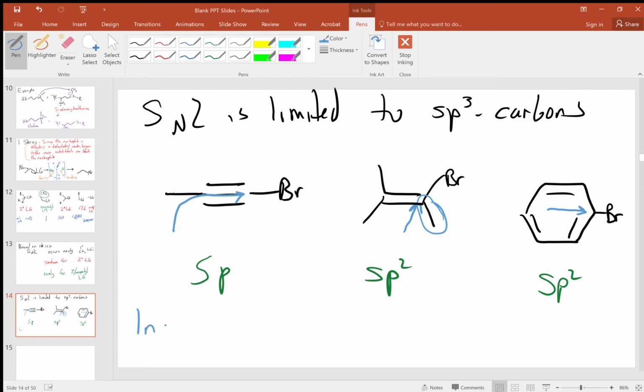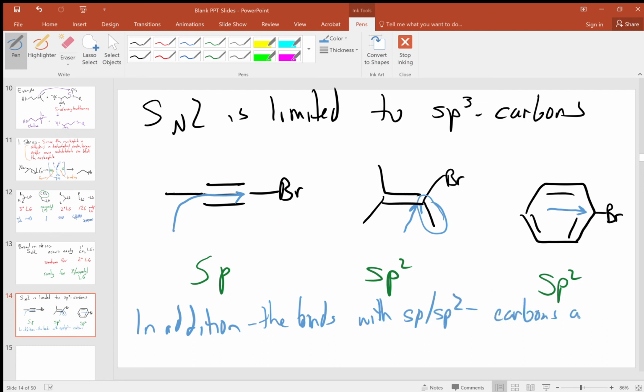In addition, as we've learned previously, as we increase the amount of s character, going from sp3 to sp2 to sp, the bonds with sp2 carbons are in fact stronger.